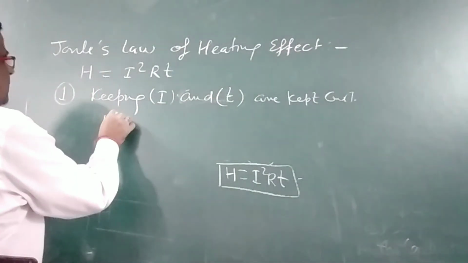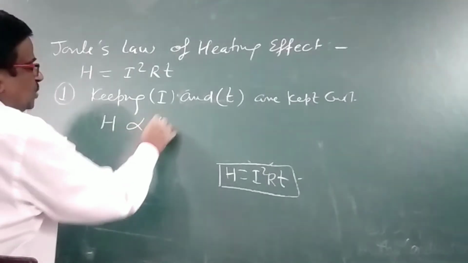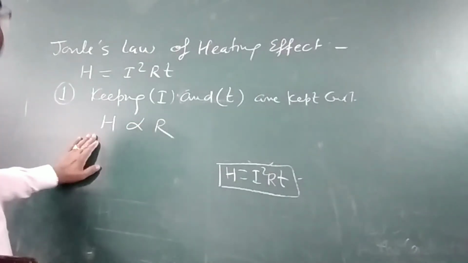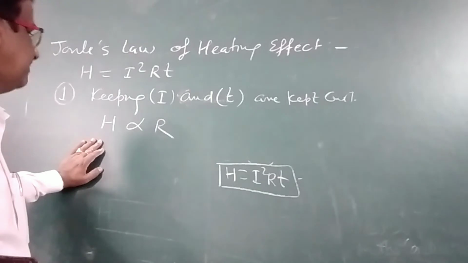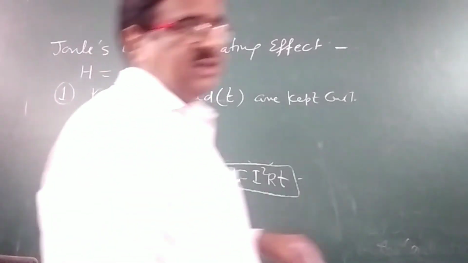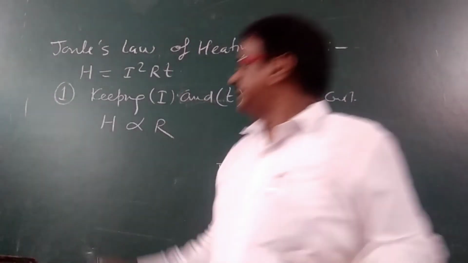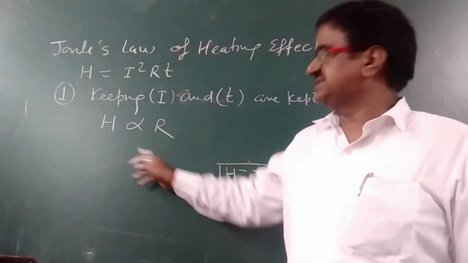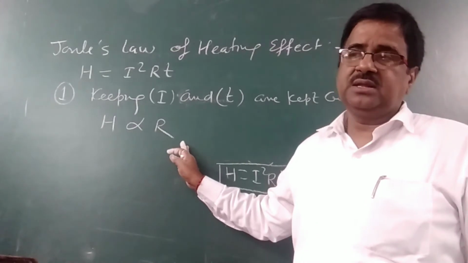Then what will happen? H will be proportional to R. So heat produced in the conductor during flow of current is directly proportional to the resistance of the conductor.